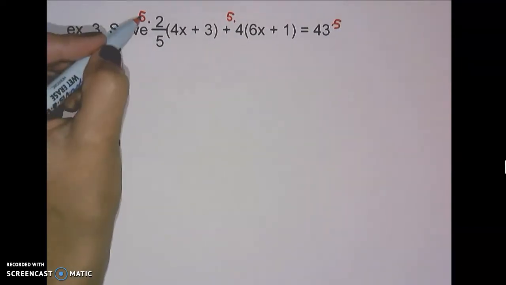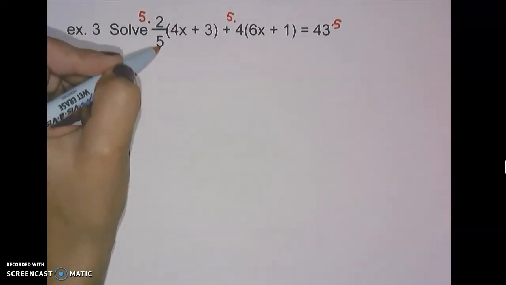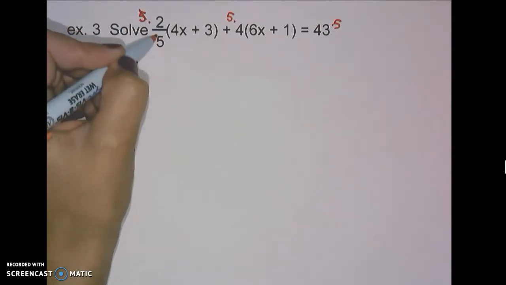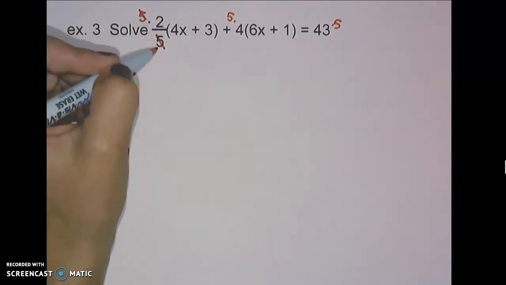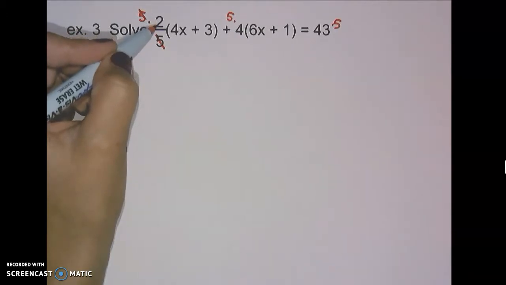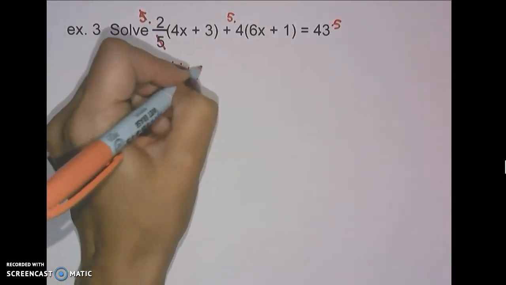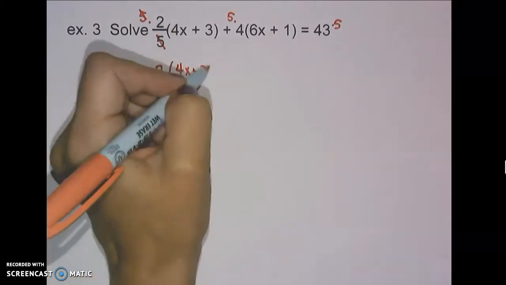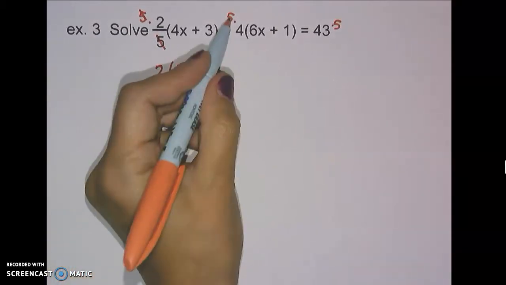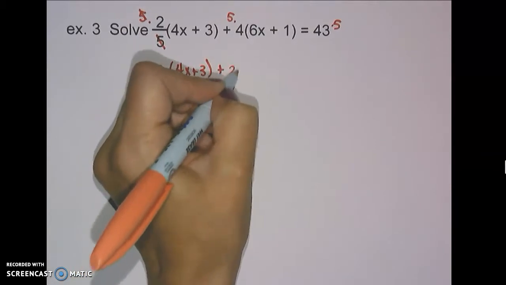So when we take 5 times 2/5, these 5s are going to go away because 5 divided by 5 is 1, and 1 times 2 is 2. That 4x plus 3 inside the parentheses is protected, so nothing's going to change about that. 5 times 4 is 20.